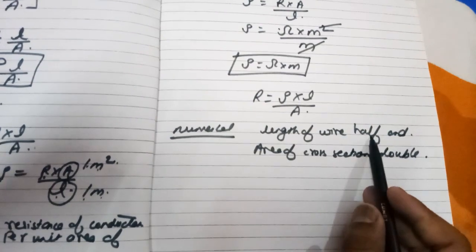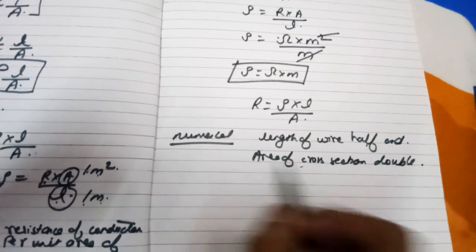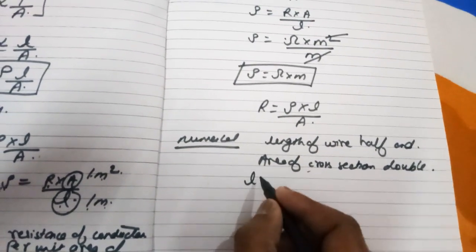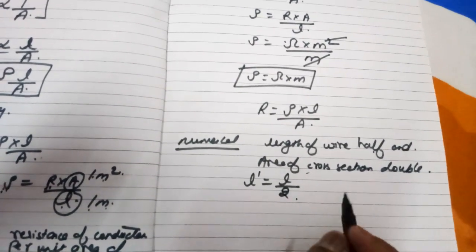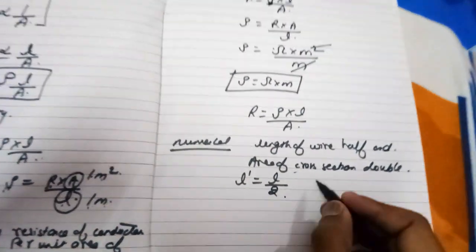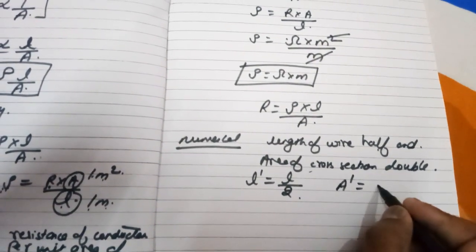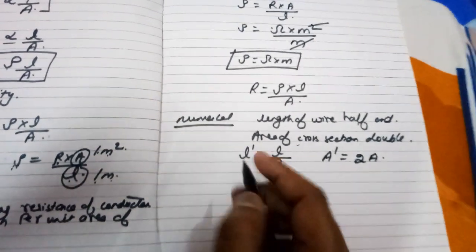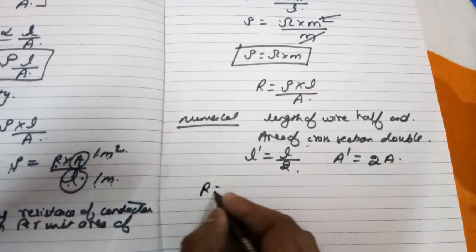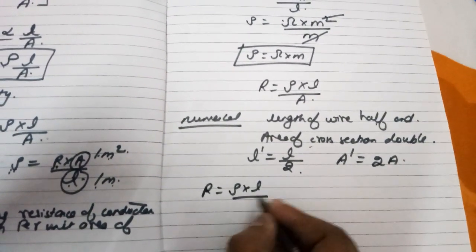When the length of wire is half and area of cross section is double, now L dash equals L upon 2, and A dash, the new area, is 2A.